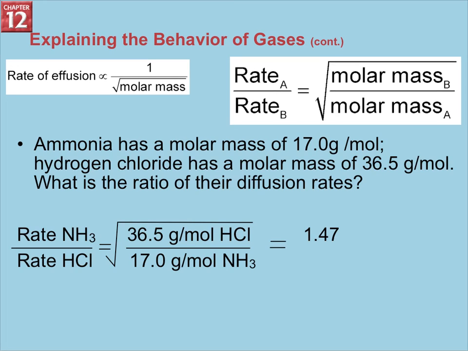We'll take then the square root of 36.5 grams per mole, the molar mass of hydrogen chloride, over 17.0 grams per mole, the molar mass of ammonia. If you divide that and take the square root, you end up with 1.47 as your answer.